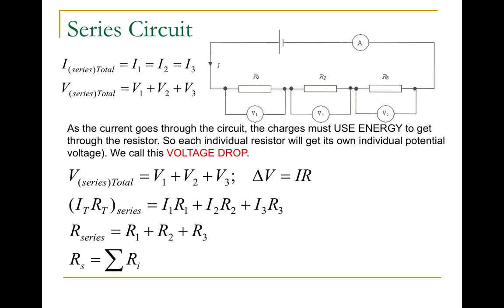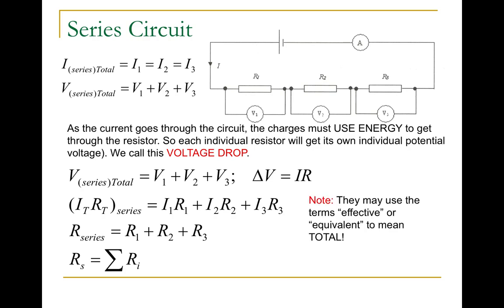In a series circuit, we can calculate the total resistance using Ohm's law for each individual resistor, and then we can also use Ohm's law for the circuit as a whole. So in a series, the equivalent resistance is equal to the sum of each of the resistors. These relationships are all on your reference table.